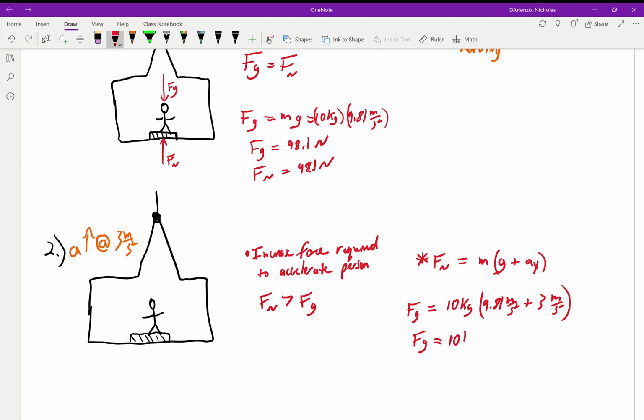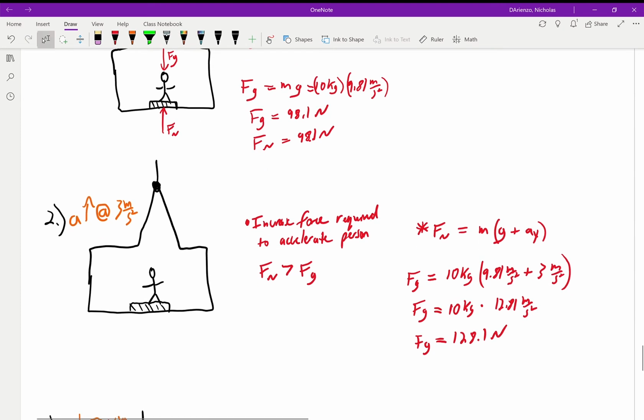So this would be 10 kilograms times 12.81 meters per second squared, and we get a weight of 128.1 newtons. Now this is more than what we saw in the example at rest, and that's showing us that our normal force here, in order to accelerate this person upwards, has to be greater than it was at rest. So that force vector is going to increase.